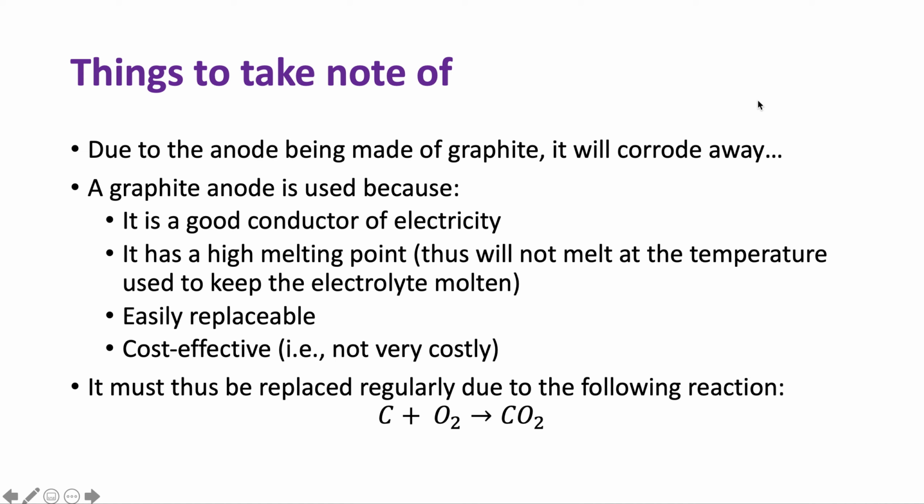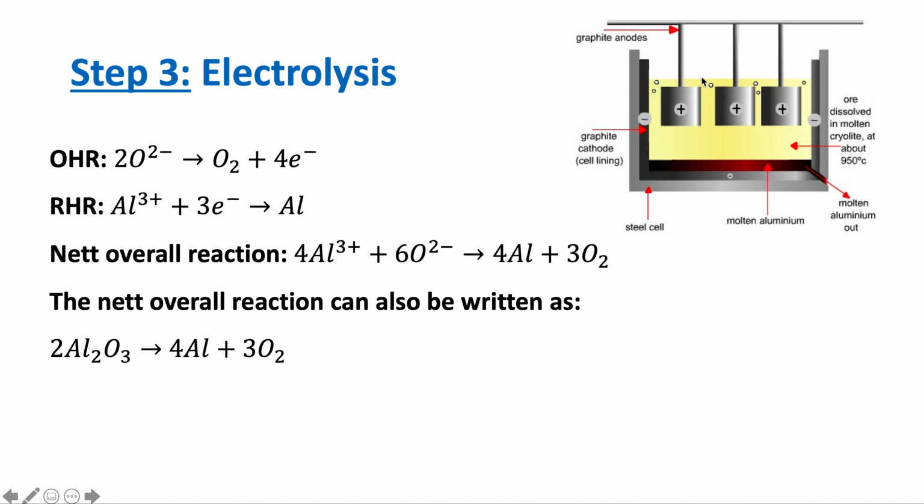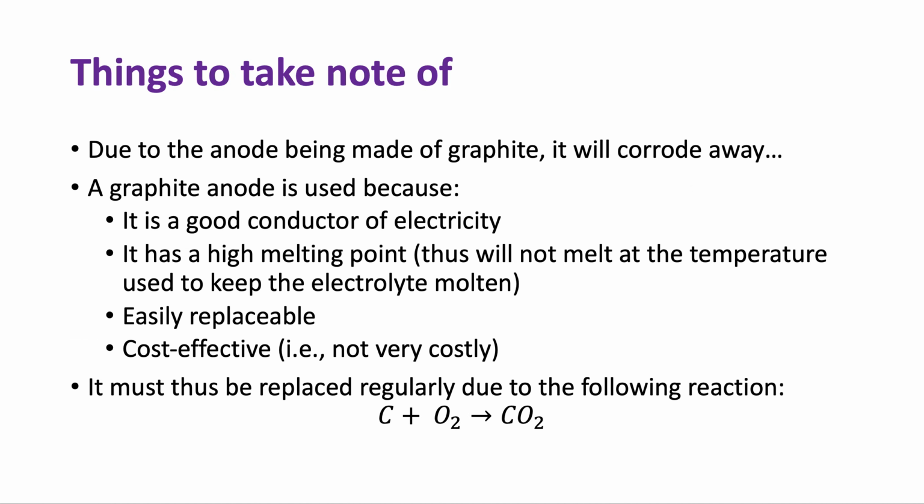So oxygen gas is produced at the anode and it reacts with the carbon electrode. So we know that graphite is carbon, right? The oxygen gas reacts with the carbon electrode to produce carbon dioxide gas. And this causes the electrode to corrode. And we can also say that the carbon anode is continually oxidized, right, due to this reaction here.